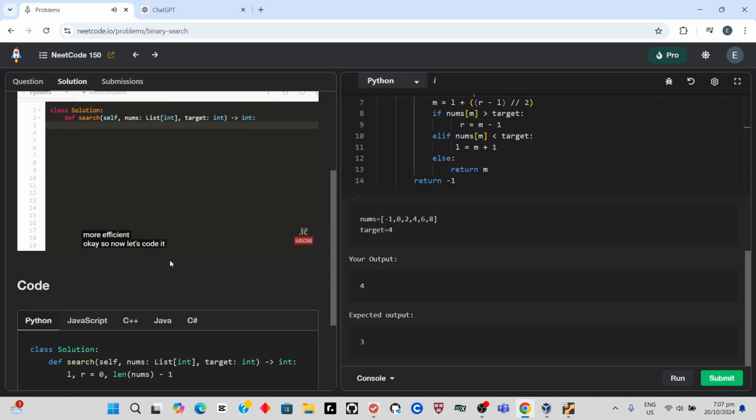Okay, so now let's code it up. And like I did in the drawing, initially we're considering the entire input array as our search area.